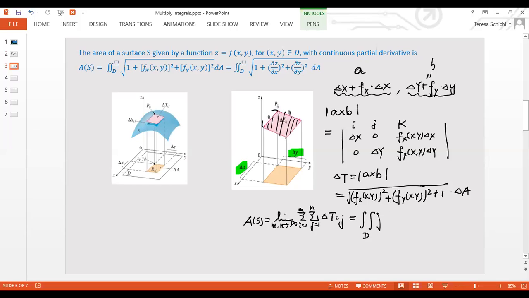So this will just be the integral of the square root of 1 plus f_x squared plus f_y squared dA.